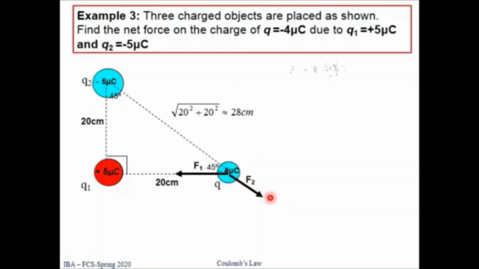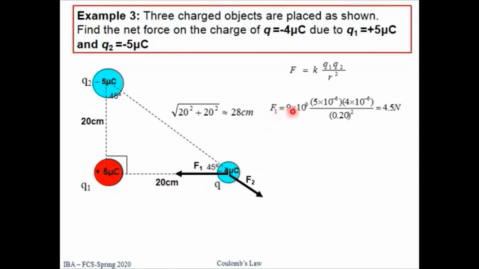Okay, now let's determine one by one. This is Coulomb's law, and first let me find F1. Of course, F1 has only one component because this is along the x-axis.